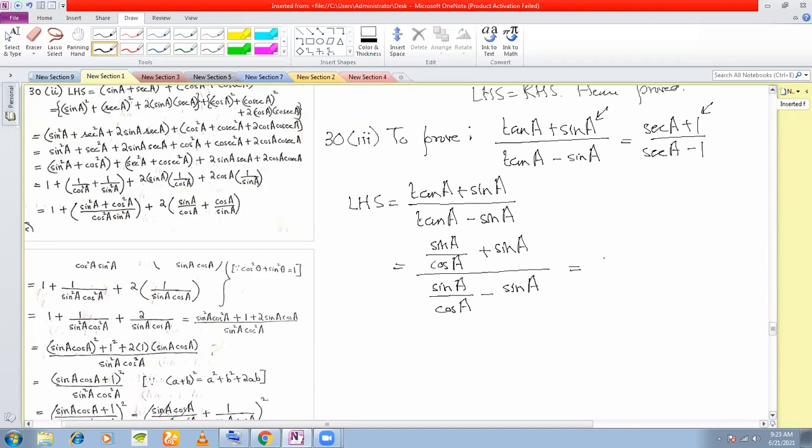Now you take the LCM. In the numerator, if you're taking the LCM, you get sin A plus, and here you get sin A cos A.